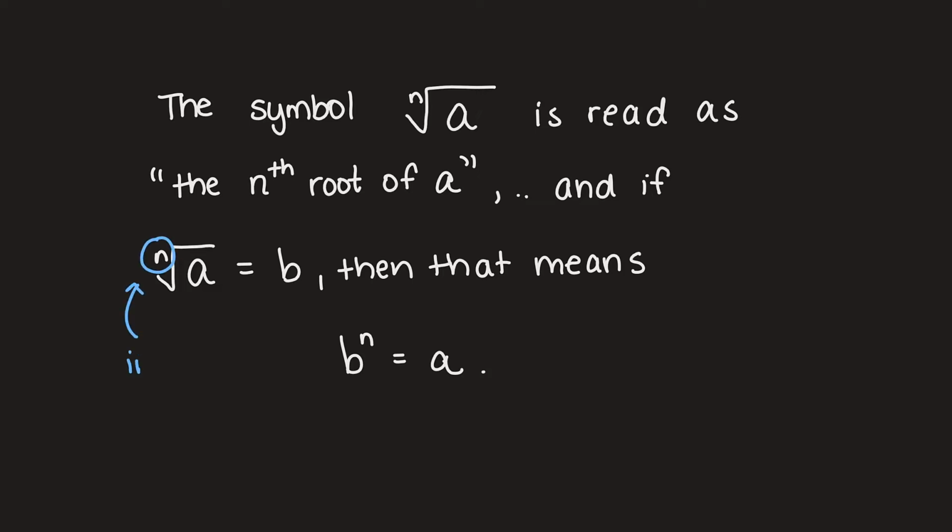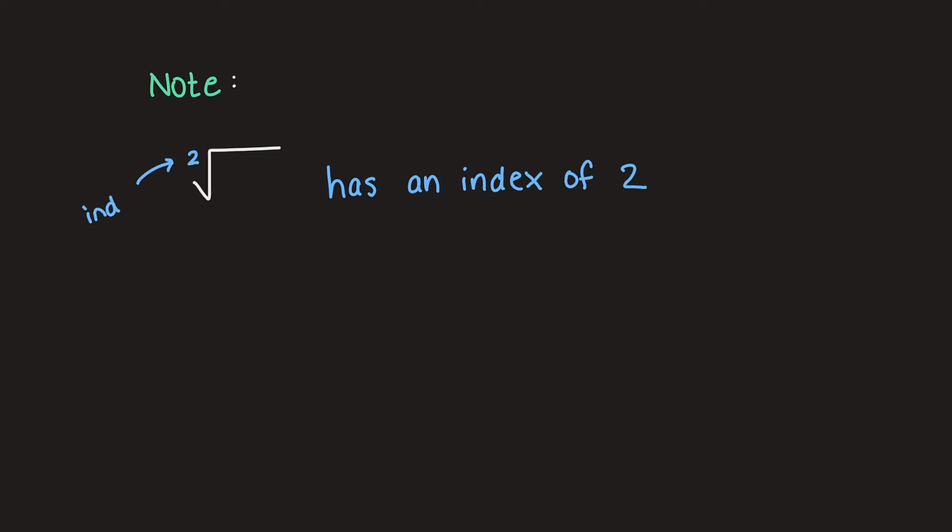And we call n the index of the radical. So as a side note, the regular square root has an index of 2, even though we don't actually write it in. So if there's no index, we automatically understand it to be an index of 2.